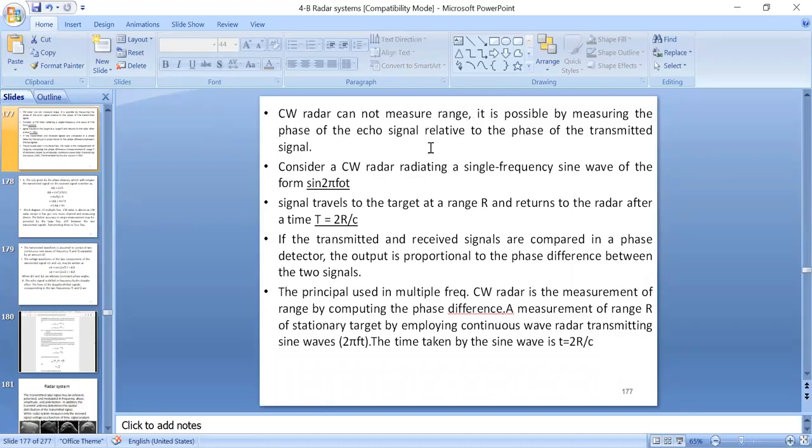The radar system transmits an electromagnetic wave towards the target, that has one phase, and the returned echo signal has another phase. Here we are using the phase difference between the transmitted signal and the returned echo signal. By using that phase difference information, we calculate the range of the target. That's why it is possible by using multiple frequency continuous wave radar.